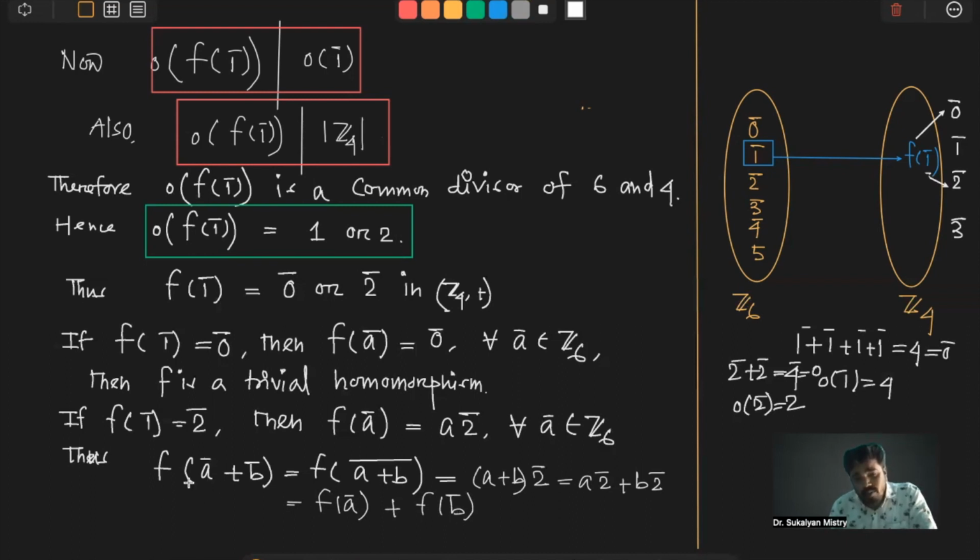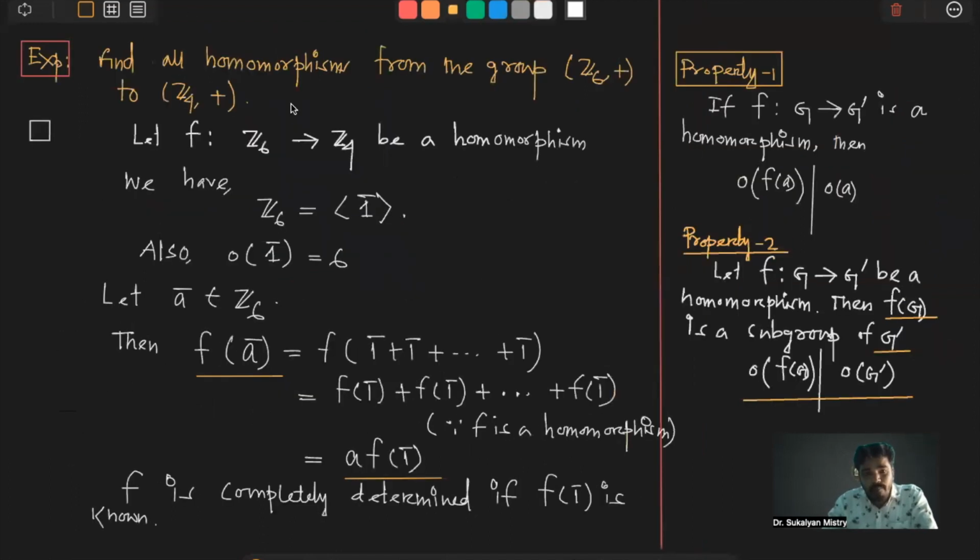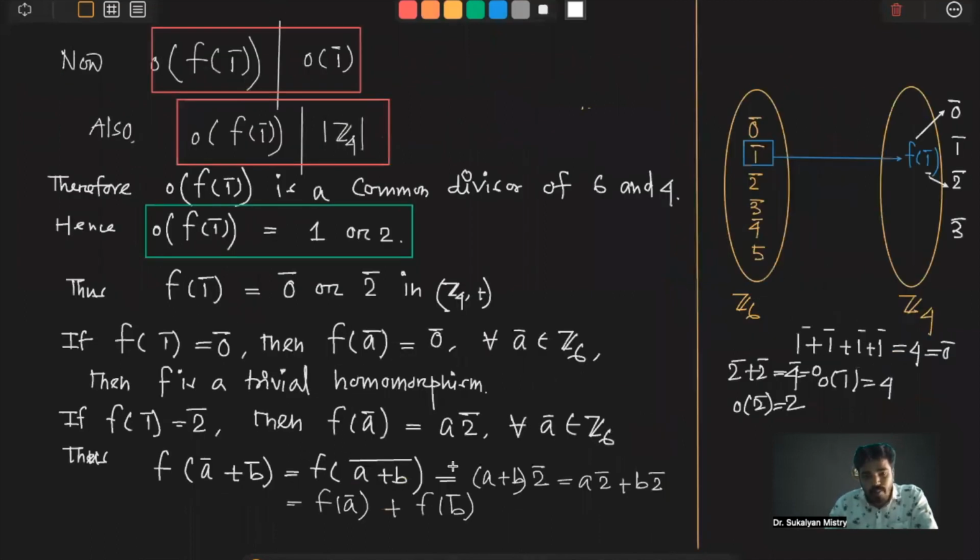So ultimately we have shown that f of a bar plus b bar is equal to f of a bar plus f of b bar. That means f is a homomorphism. So this proves that the function f mapping from Z6 to Z4 defined by f of a bar is equal to a 2 bar forms a homomorphism.